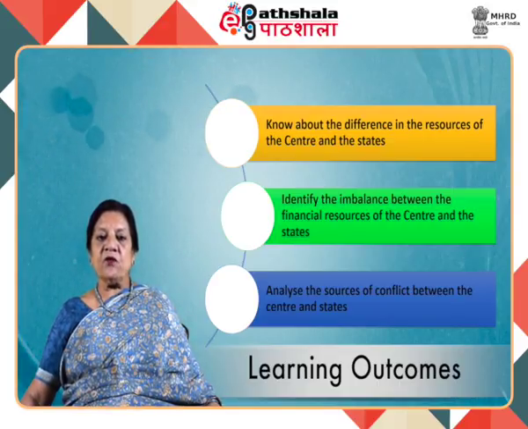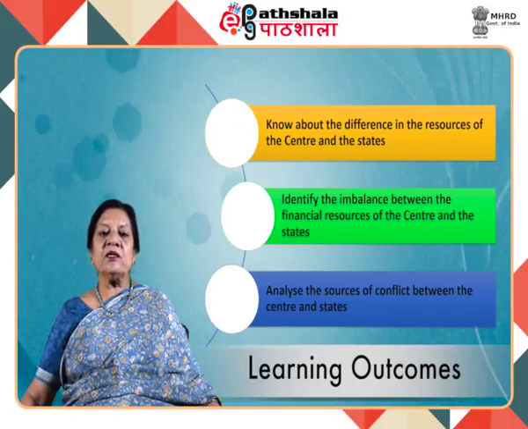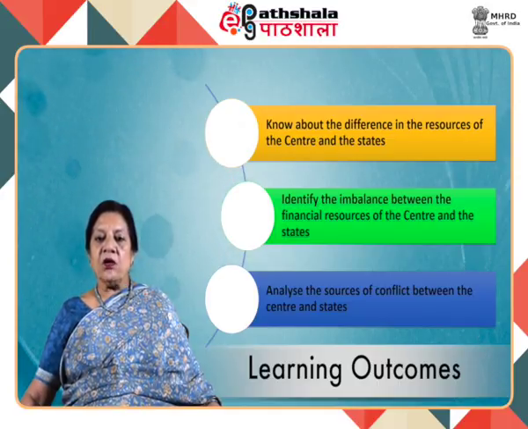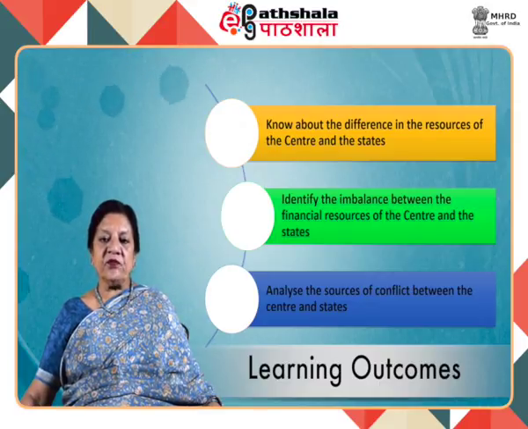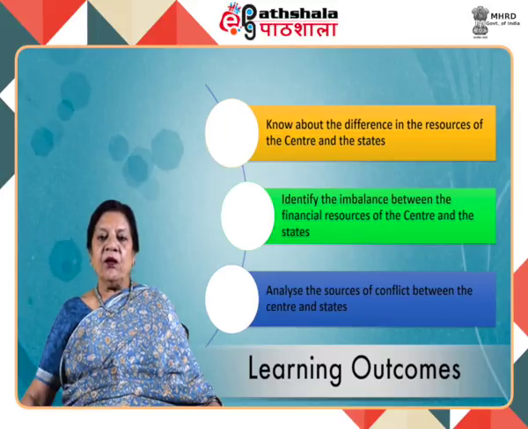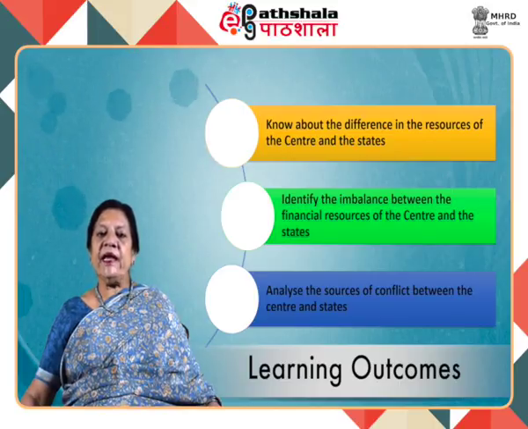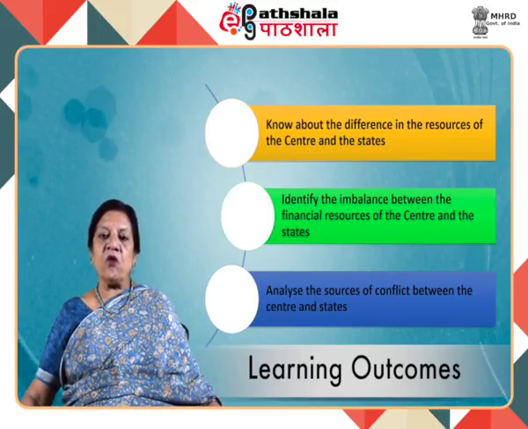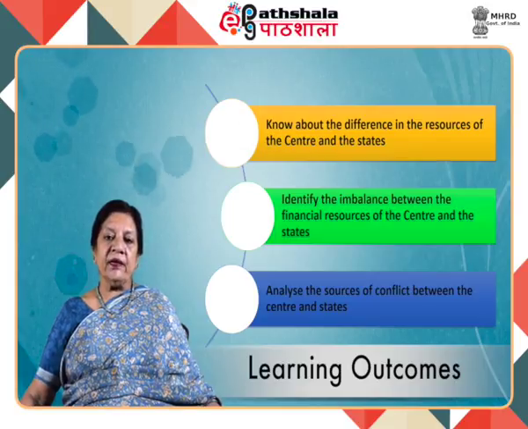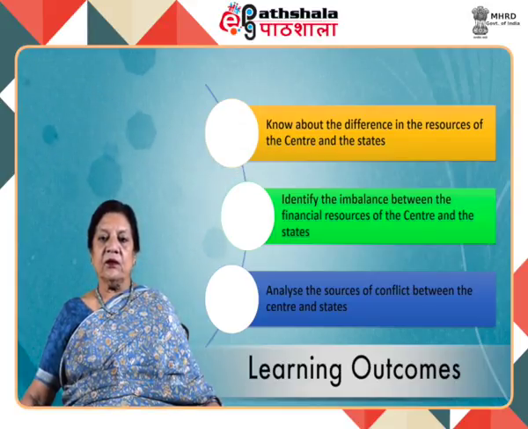The existence of institution of finance commission to correct this imbalance, horizontal imbalance among different states in terms of difference in area, population, level of economic and infrastructure development, etc. Thirdly, analyze the sources of conflict between the center and states.